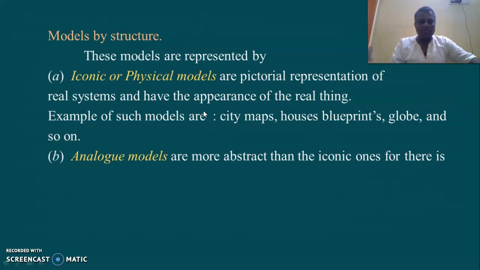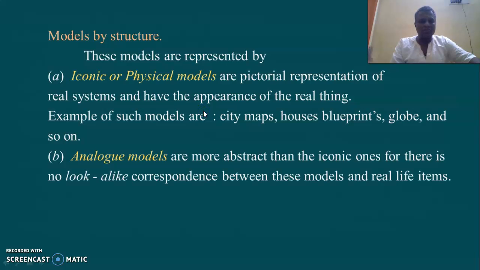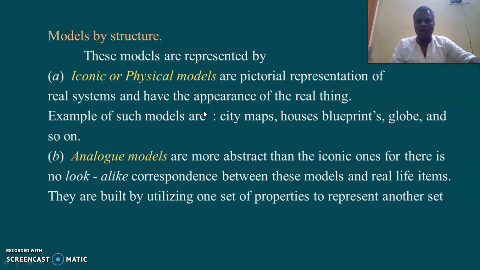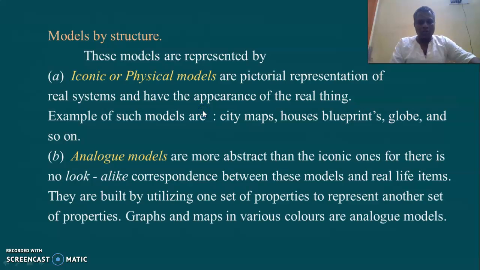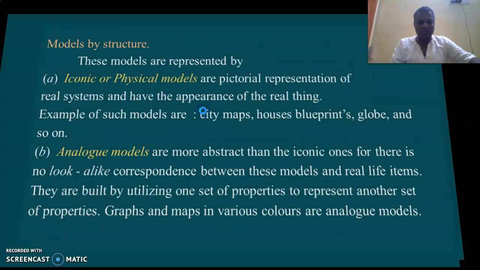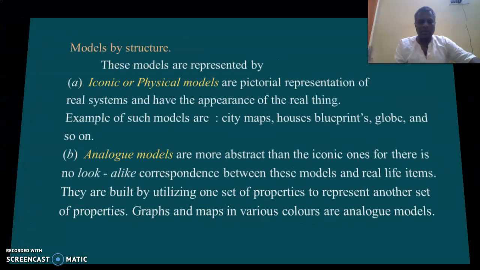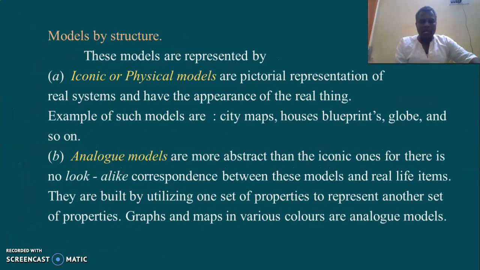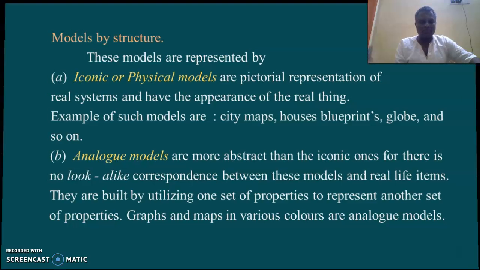Analog models. Analog models are more abstract than the iconic ones. There is no look-alike correspondence between these models and real-life items. They are built by utilizing one set of properties to represent another set of properties. Graphs and maps in various colors are analog models.